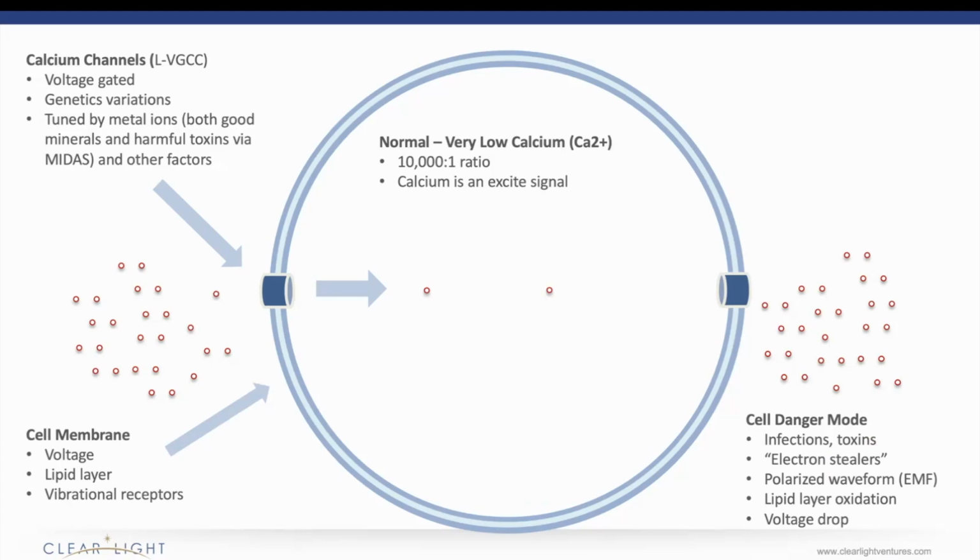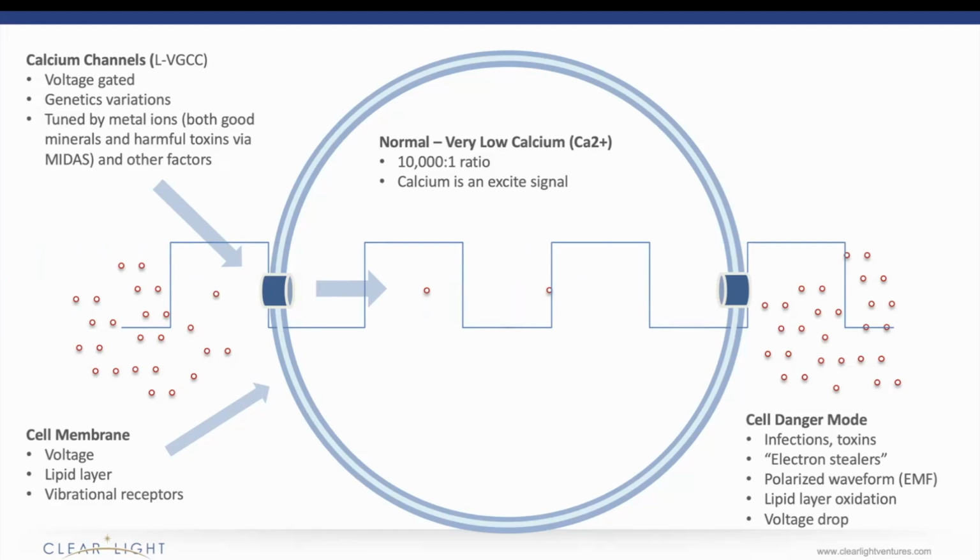So multiple things can steal electrons. We have toxins, we have infections, but we can also have electrical impacts as well. And so we can have a polarized waveform. That's what man-made radiation is, a polarized waveform. That's a symbol of a polarized waveform coming through like a blade, not like diffuse light, like sunlight, and natural fields, but kind of like a blade.